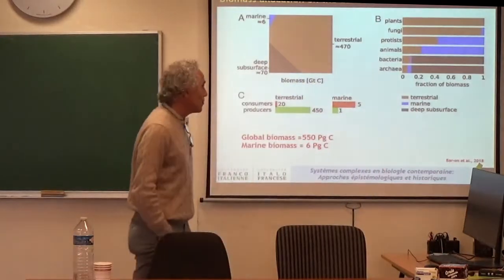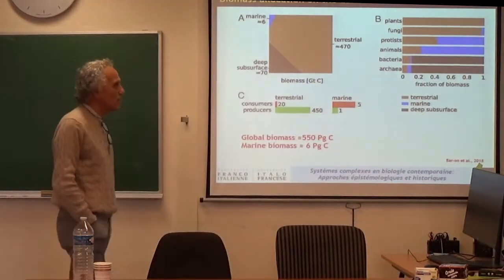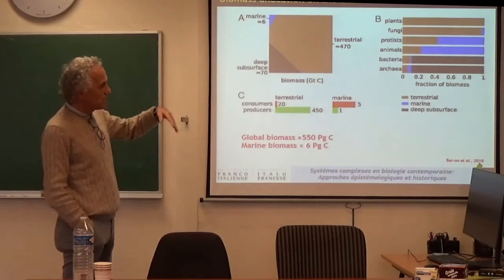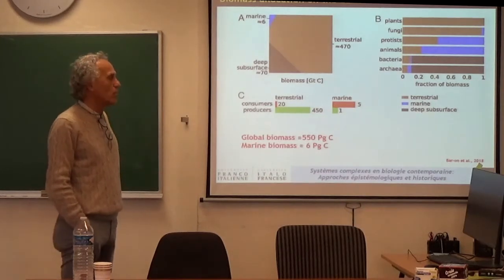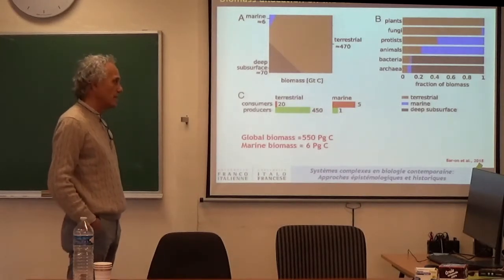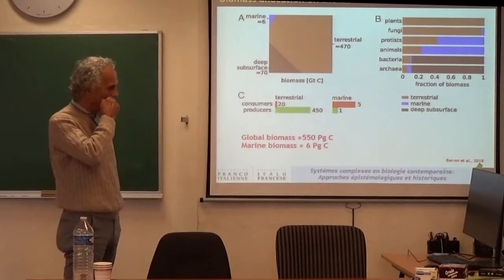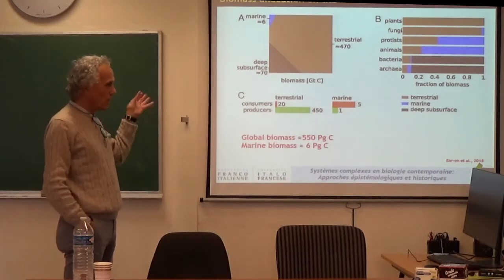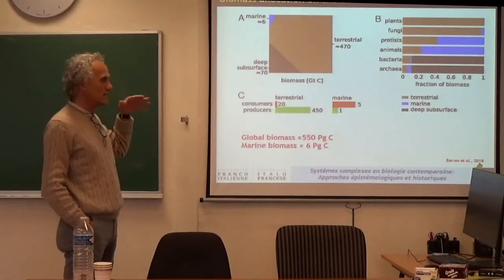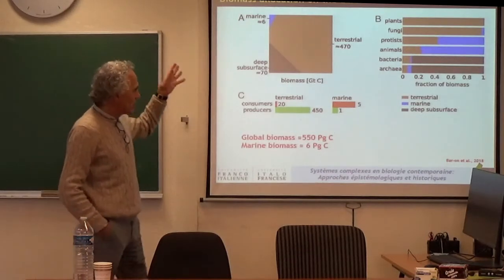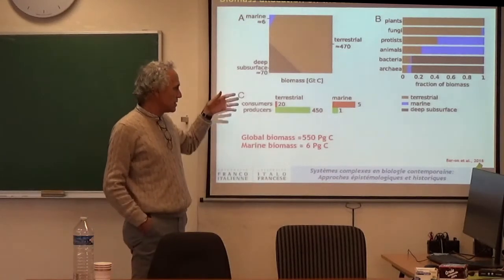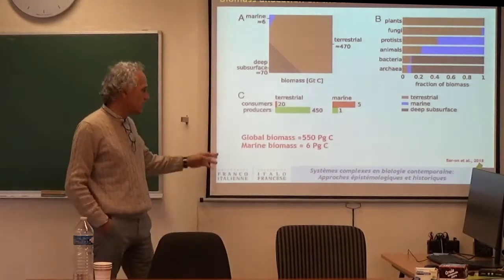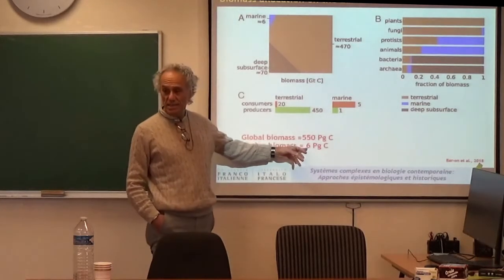Just to frame the importance of plankton on the Earth system, this is a recent estimate of global biomass. It's a very good work that was published last year in PNAS, a global estimate of how much biomass is on the Earth. And if you look at the differences, on land there is 550 petagrams of carbon, whereas in the marine system only 6 petagrams.